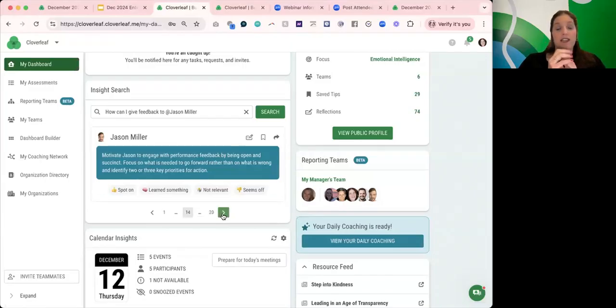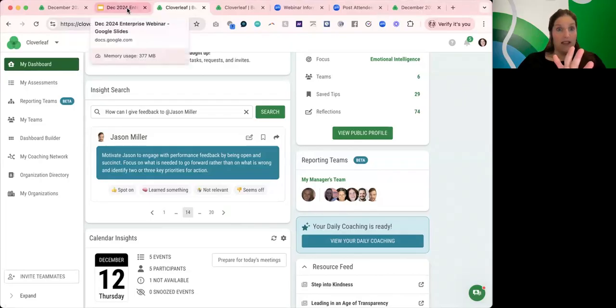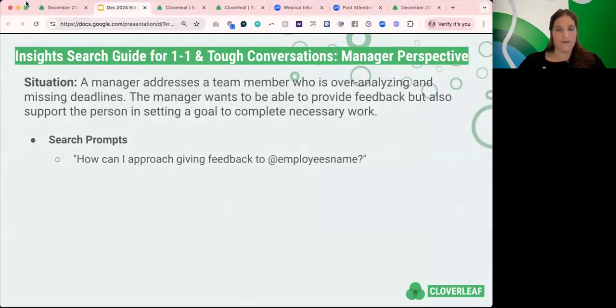And identify 2 or 3 key priorities for the action. So I know instead of me saying, okay, you're over analyzing, I'm going to focus on what's possible. I'm going to focus on, okay, what does the future look like with this project? What are some strategies we could use to get to this project? I'm not going to start with what's wrong. So this is helping me also shape how I'm going to give some of the feedback to Jason if Jason was over analyzing in this project. So that's one of the ways that I could prepare for this particular situation.